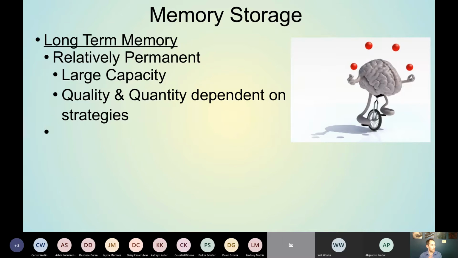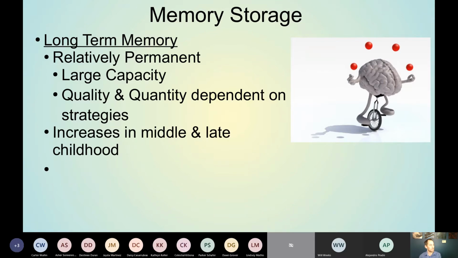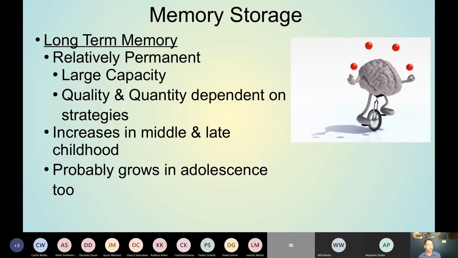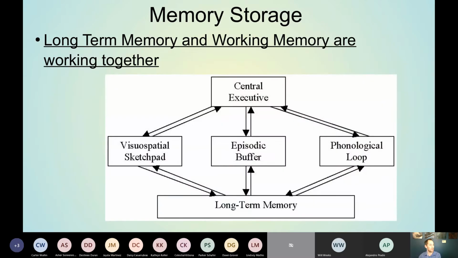So with that though, anything that gets into your long-term memory is probably going to be permanent. So the capacity of your long-term memory increases in middle and late childhood, and it probably grows in adolescence as well, but it's a little hard to measure that change. So it stays pretty consistent from about late childhood all the way through adulthood.